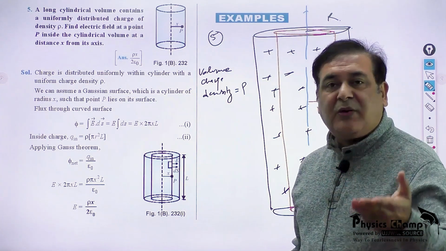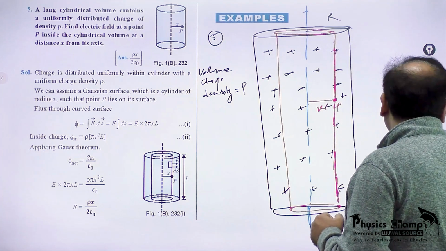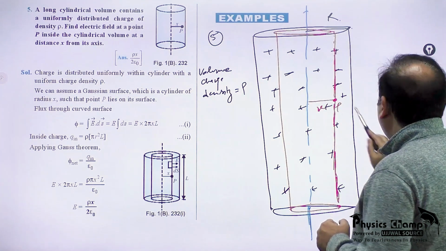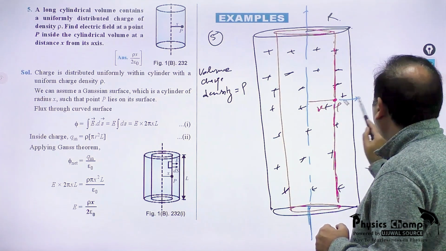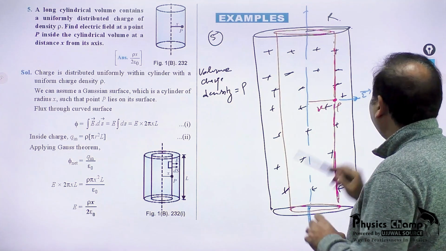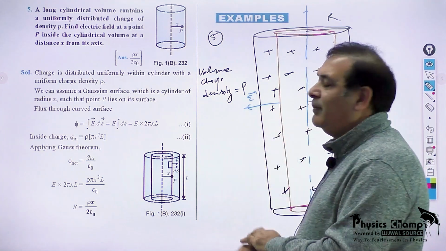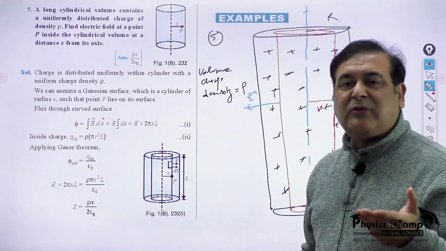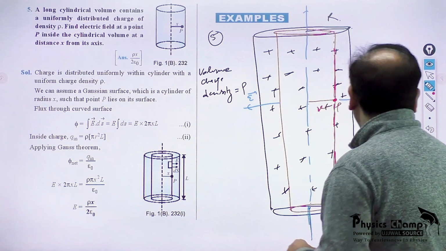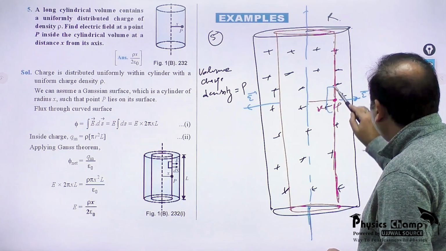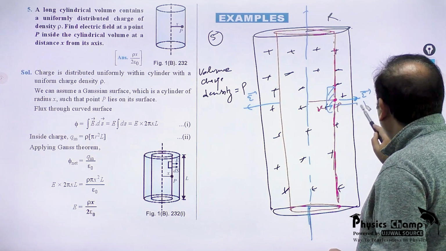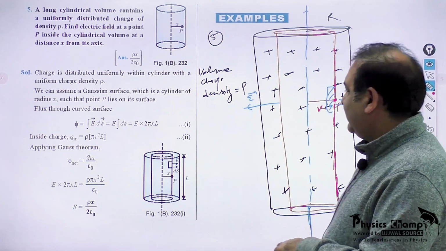Look for the direction of electric field. Electric field will be normally outward. Find the flux through each kind of surface. So let's find the flux through this part. ds will be here, E will be here.